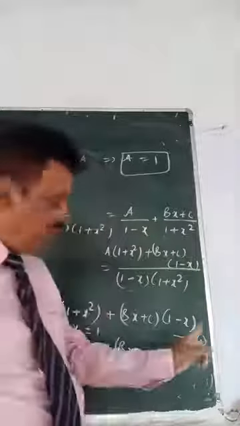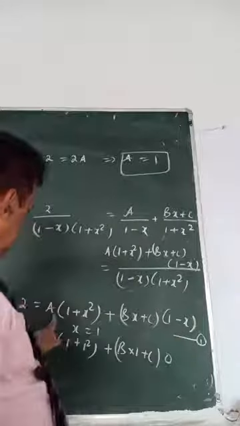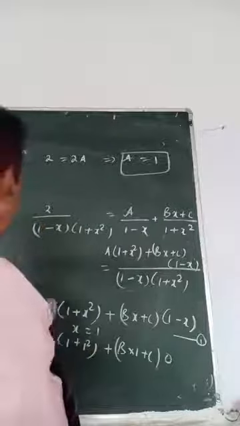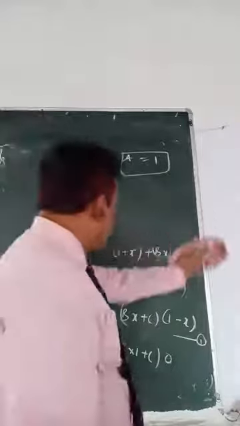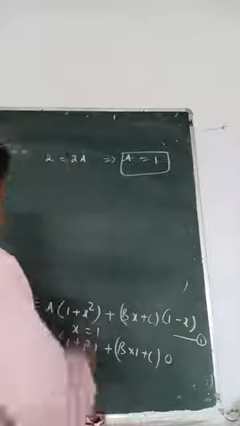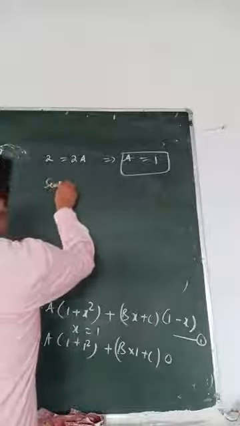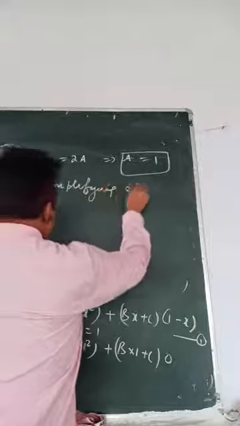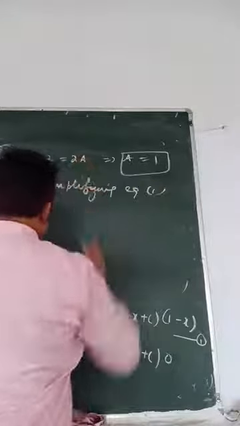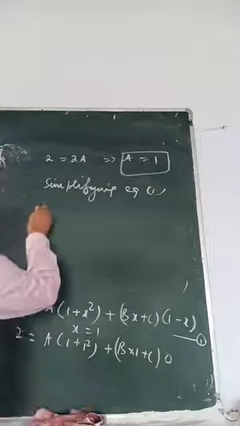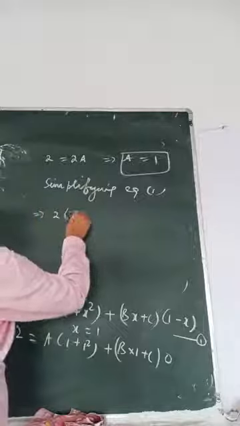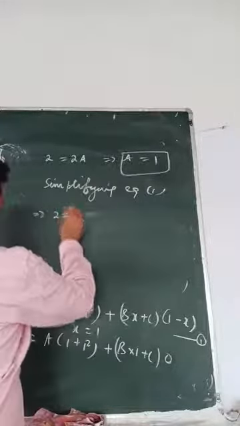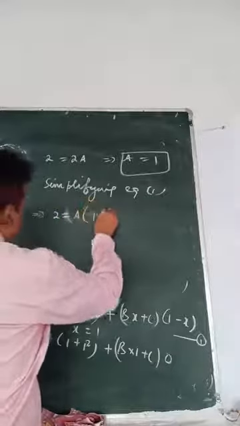Now the method which I did just now, simplify this. Simplify equation number 1. So 2 equals a into 1 plus x square.